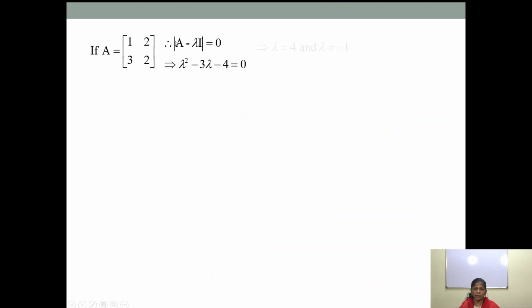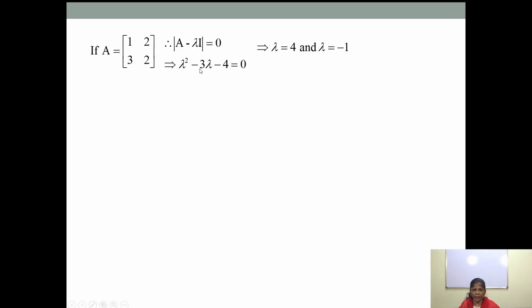Let us try to understand this with the help of an example. Again I will take the same matrix. Determinant of A minus lambda I equal to 0 is the characteristic equation, and its value is lambda square minus 3 lambda minus 4 equal to 0. This is a quadratic equation in lambda. Solve it either by factorization or by using the formula minus b plus minus under root of b square minus 4ac upon 2a.